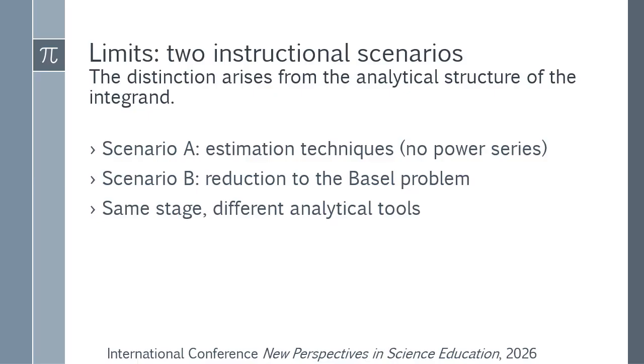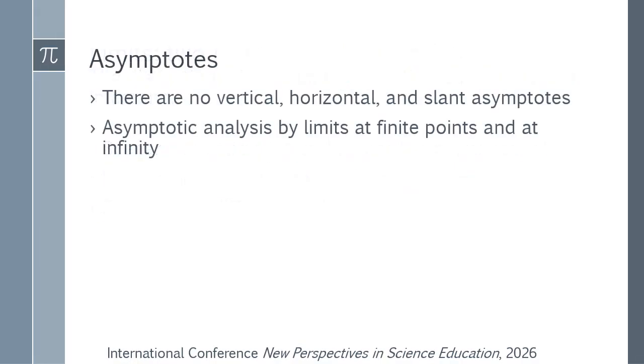The asymptotic behavior of the function is examined through limits at the boundary points of the domain and at infinity. The analysis of the boundary limits shows that no vertical asymptotes occur. Limits at infinity are then considered and exclude the existence of horizontal asymptotes.